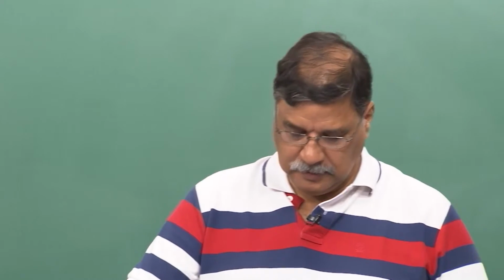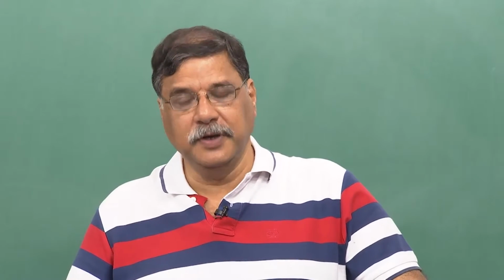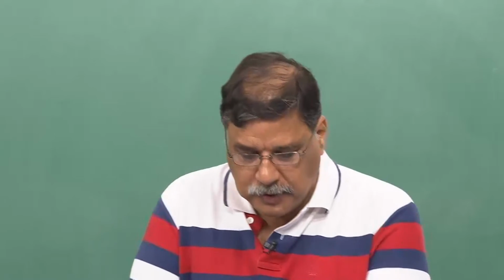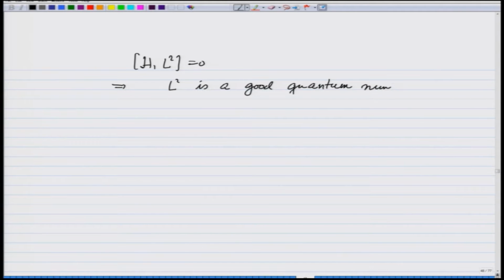We have been looking at the Schrodinger equation for spherically symmetric systems, and we have shown that the commutator of H and L squared is equal to 0, which implies that L squared is a good quantum number.